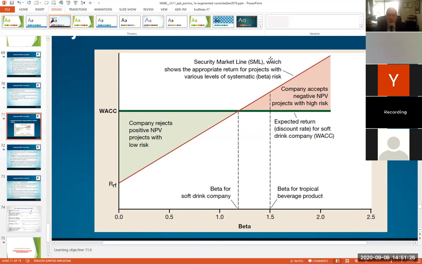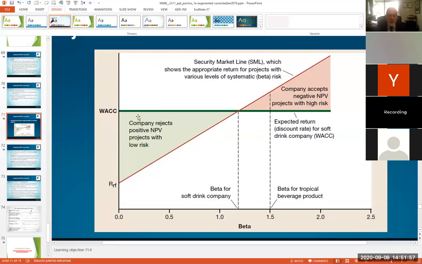And likewise up here, because of the profile, if you like, of the industry that's involved in this, you're going to be accepting the projects with high risk, maybe accepting the new production line for Tip Top or something, even though it appears that it's giving a good return.